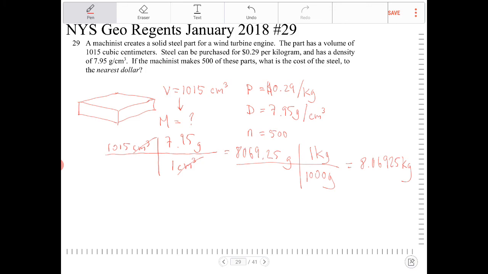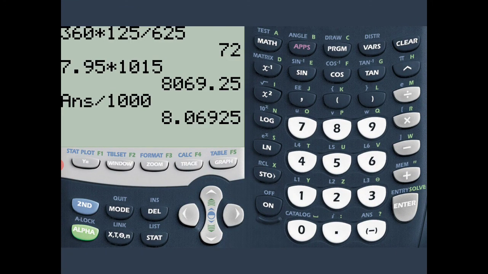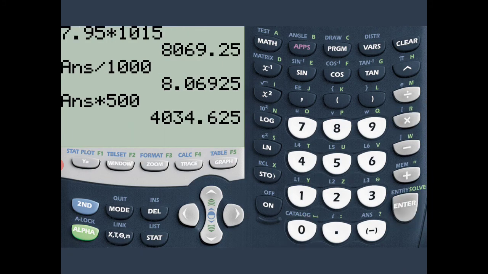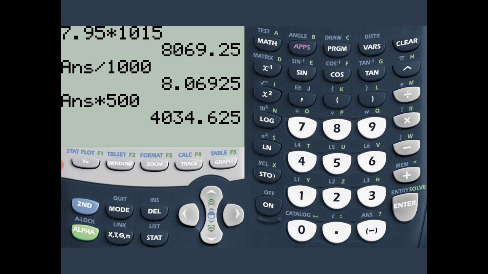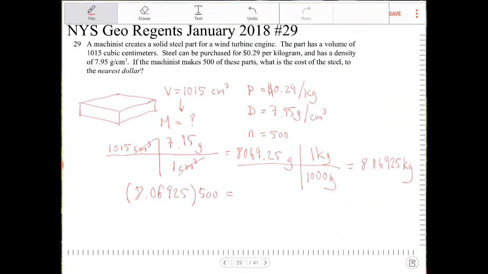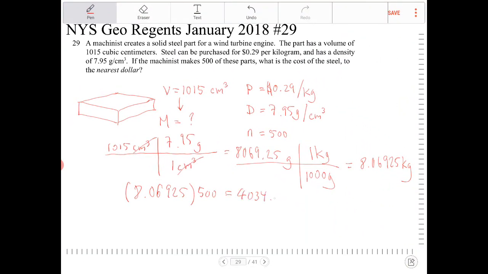So now that I know the mass of one of these things, and the machinist will need to make 500 of these, we're going to multiply this by 500. So 8.06925 times 500 will give me 4,034.625 kilograms.